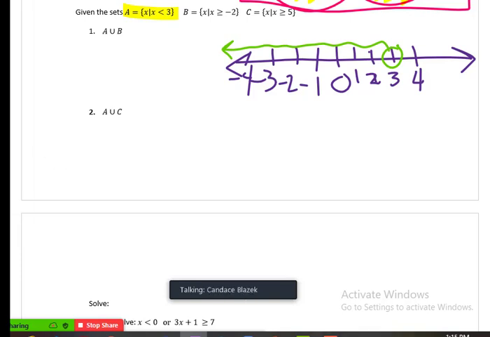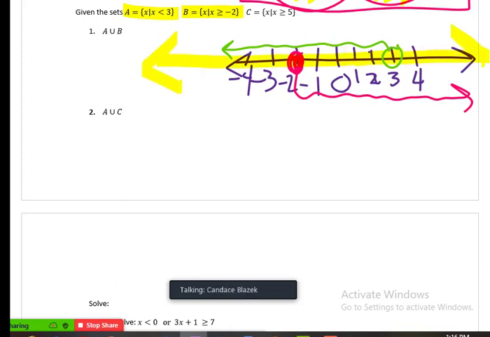Then I'm going to graph B. B is all of the values that are greater than or equal to -2. So I'm going to put a closed dot at -2, and it's everything to the right. Remember, I want everything that is covered. It's not what they have in common, it's just everything in both. My line goes to the left here, and it goes to the right in this direction, so it covers the entire number line.